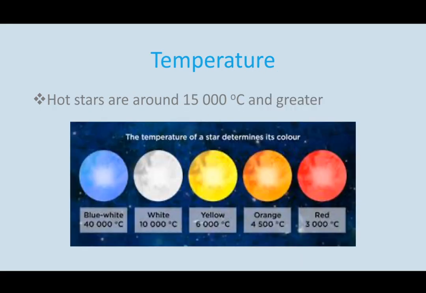Temperature. So hot stars are around 15,000 degrees Celsius and greater, and the temperature of a star determines its color. So you can see the different examples here. The colors determine how hot they are. That's one characteristic or relationship.